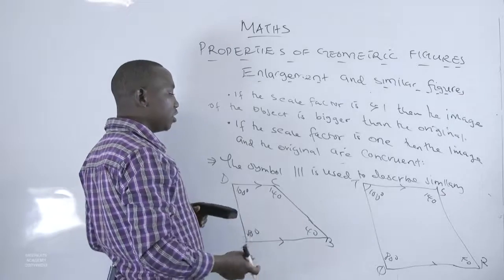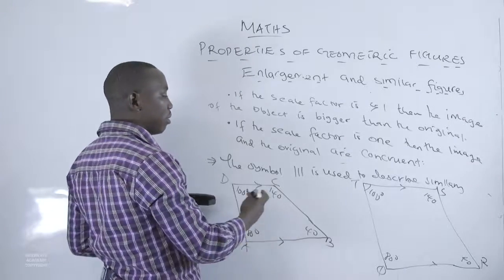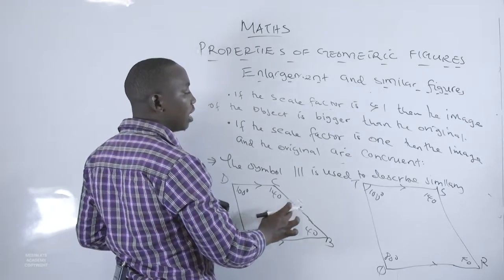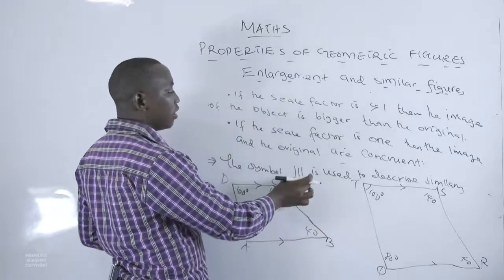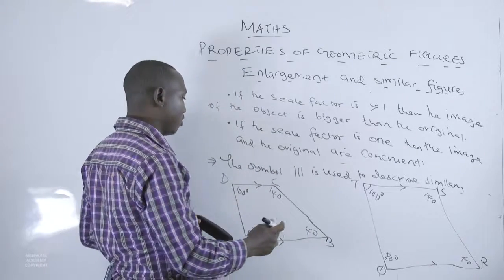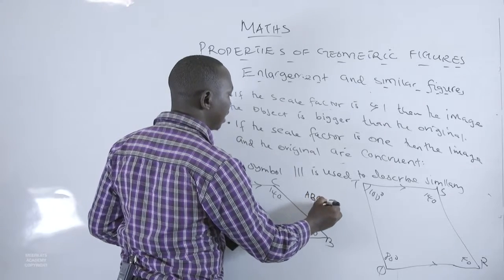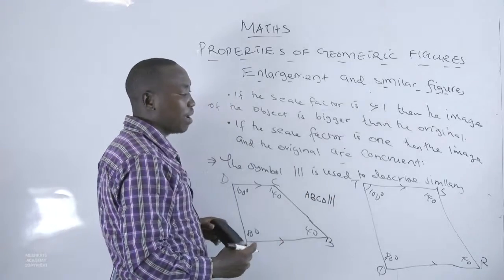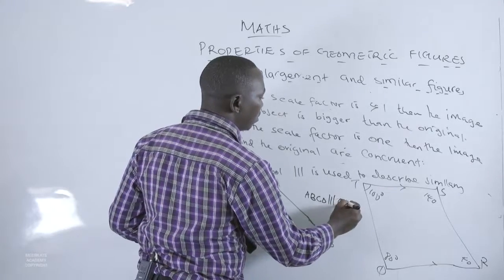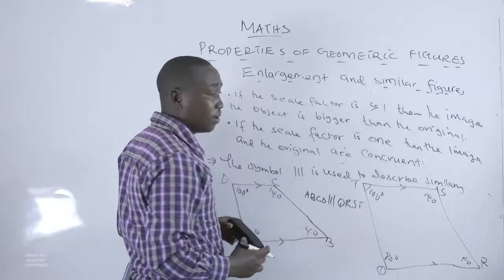In this case, because of that, we can say that this quadrilateral is similar to this by use of this symbol, and therefore ABCD is similar to QRST.